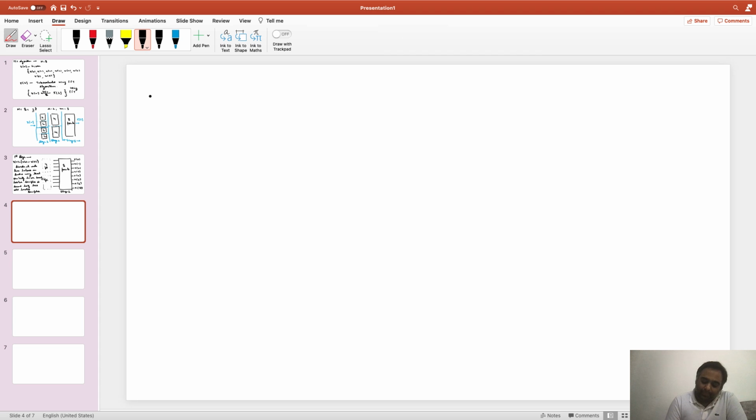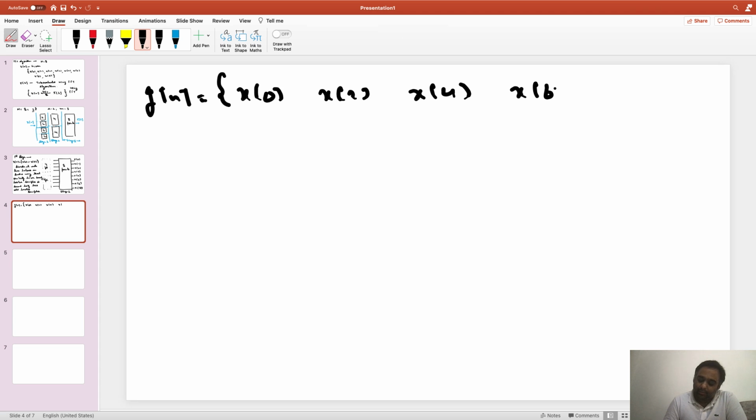I say let g[n] comprise all the even location points, and I denote it as x[2n], where n varies from 0 to 3.